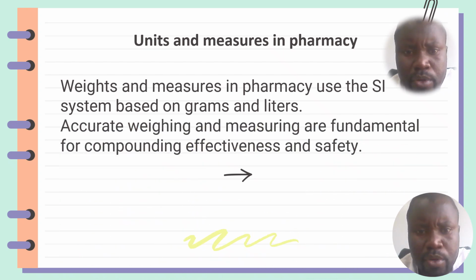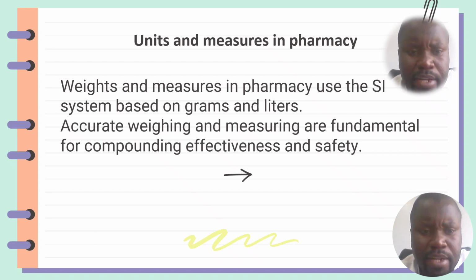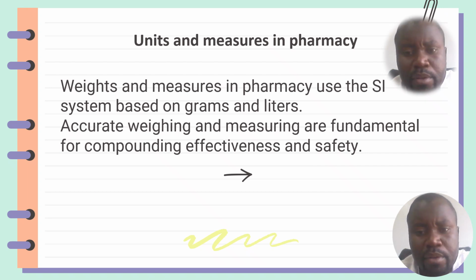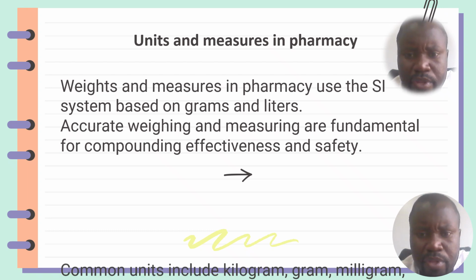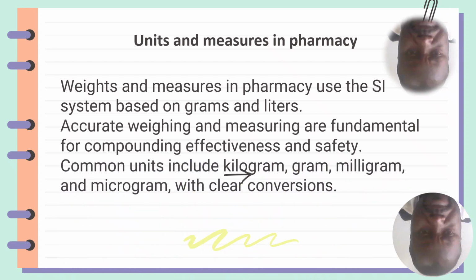With grams we have several sub-units, and likewise liters, and we should be comfortable adjusting from the larger to the smaller ones, and back to the larger ones again. Accurately weighing and measuring is very important in compounding, because this ensures proper dosages that are safe, without medication errors.